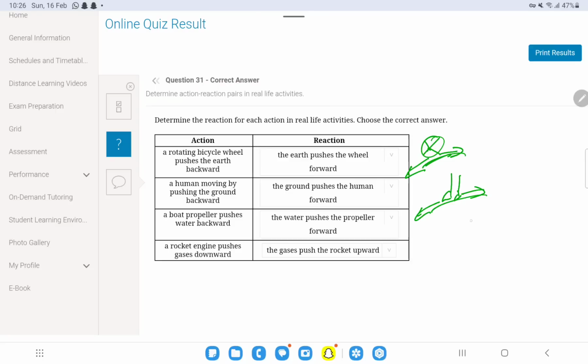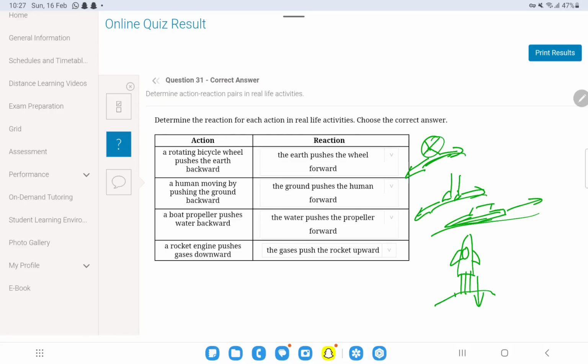The boat propeller pushes the water backwards, so the water pushes the propeller forwards. And a rocket engine, the rocket's gases push the ground backwards, downwards.